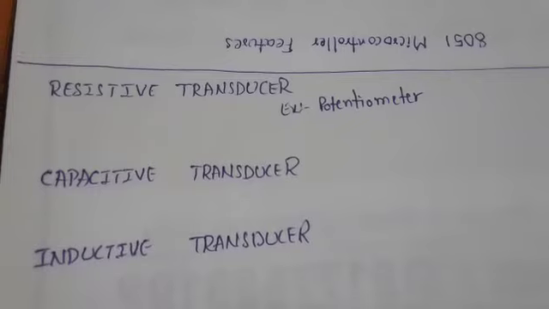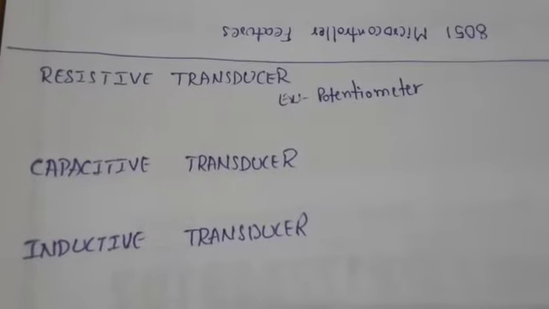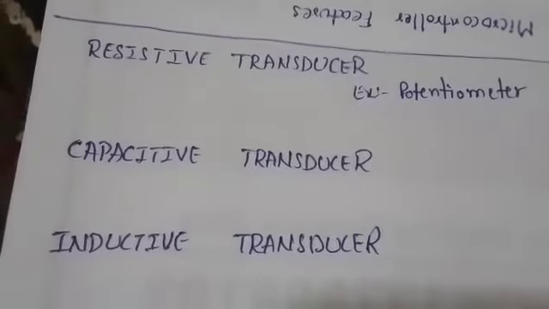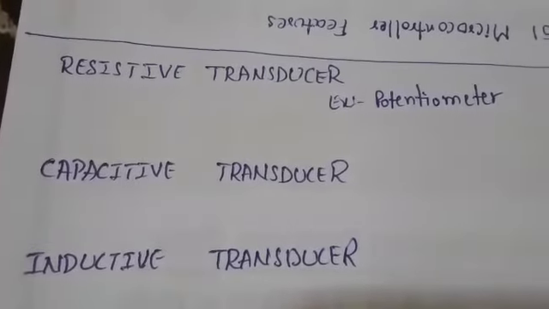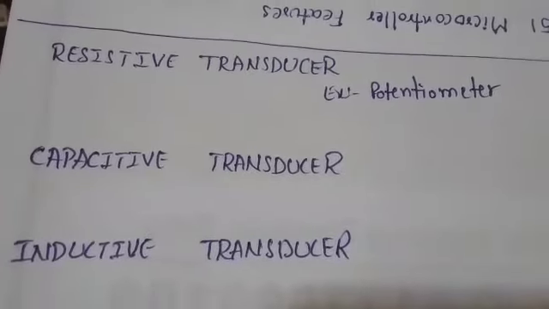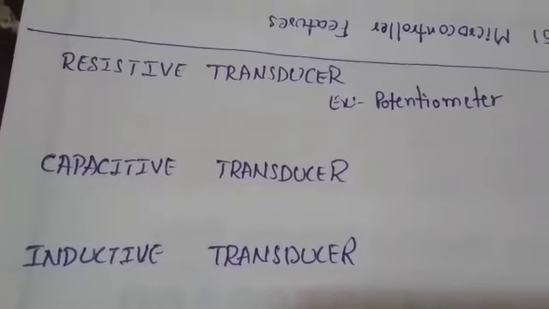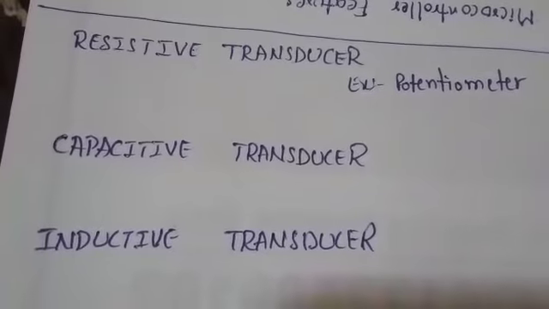And coming to the second one, the capacitive transducer. The capacitive transducer is nothing but a capacitor with variable capacitance.